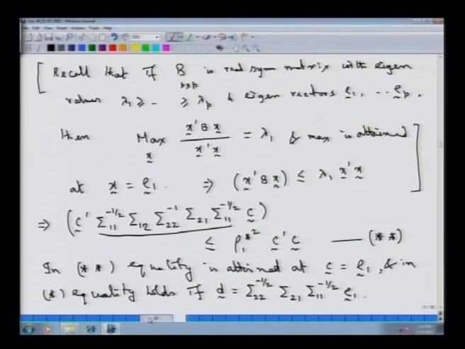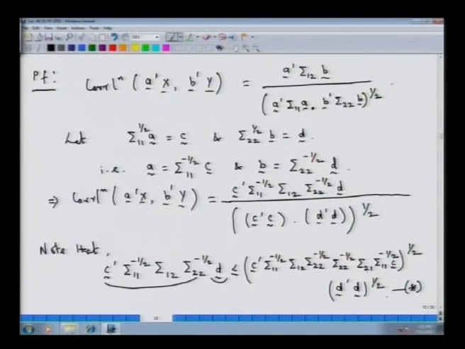Why is that so? Because if we are looking at this expression, here equality will hold if d is proportional to this particular vector, which is sigma 22 to the power minus half sigma 21 times sigma 11 to the power minus half, right, times this vector c.